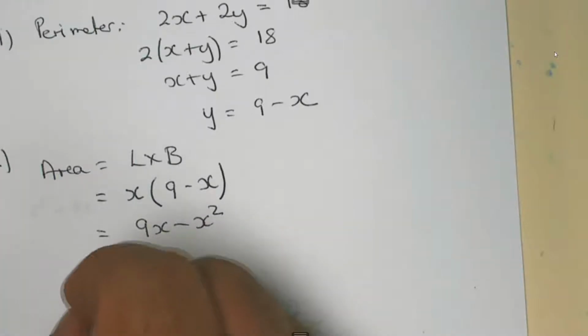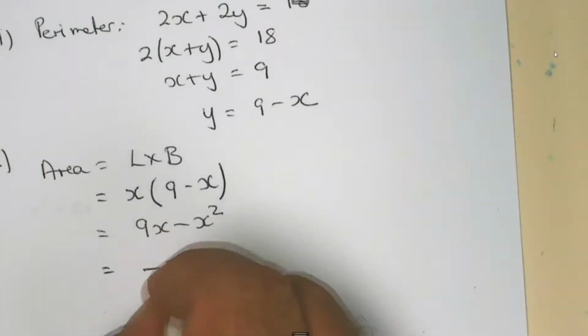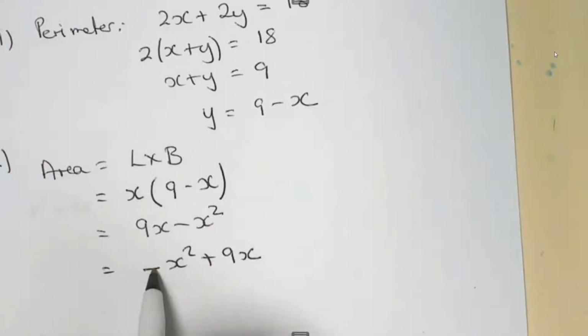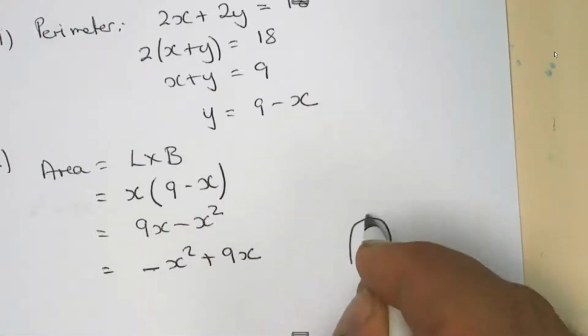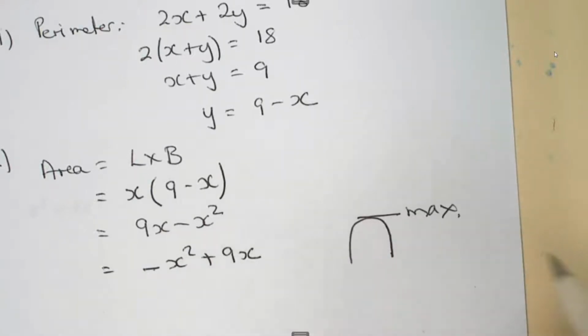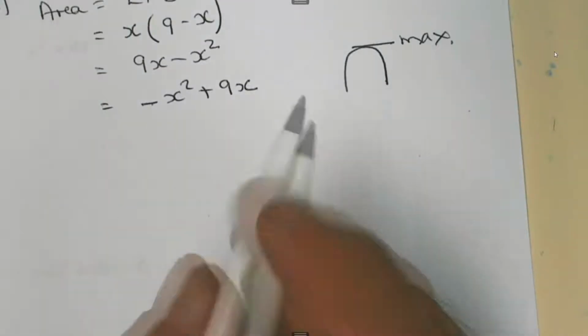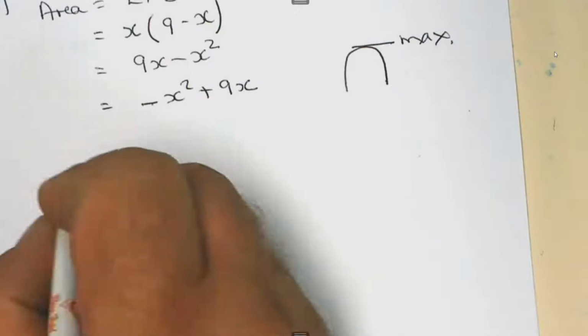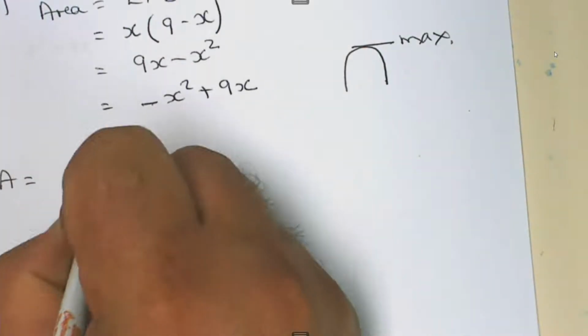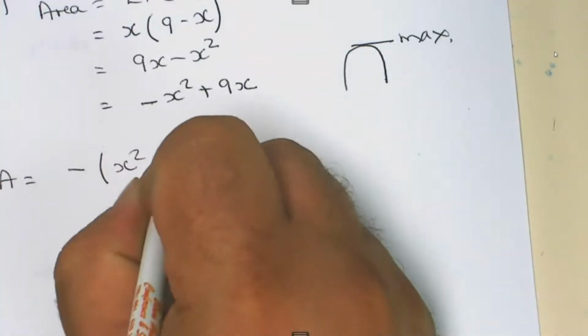Now this here is a parabola. It's negative x squared plus 9x. Because the a value is negative, the parabola is arms down, which means it's got a maximum value. And the maximum value I can determine by completing the square. So we're going to say that the area is equal to negative bracket x squared minus 9x.